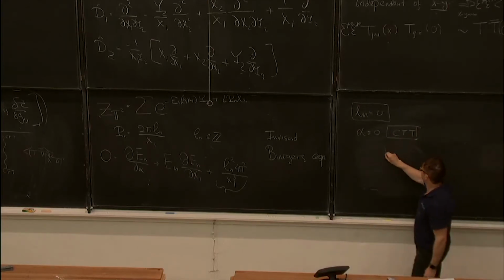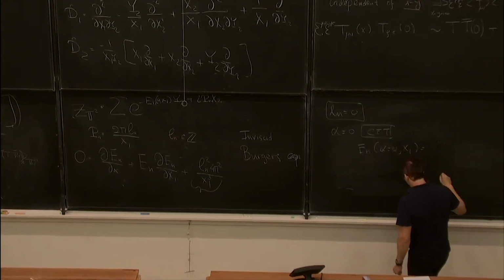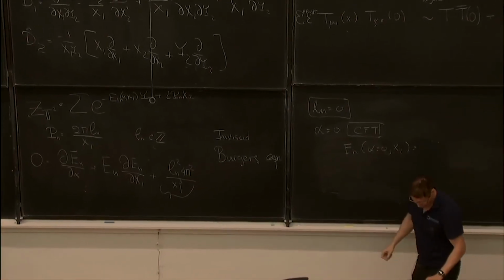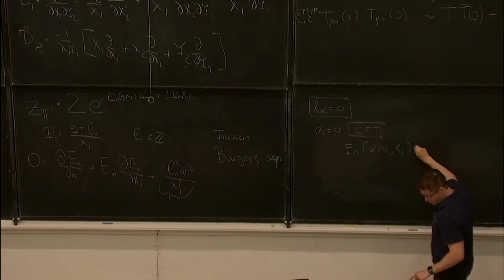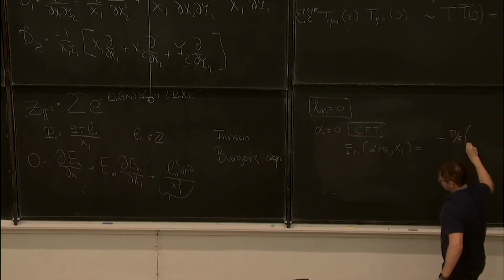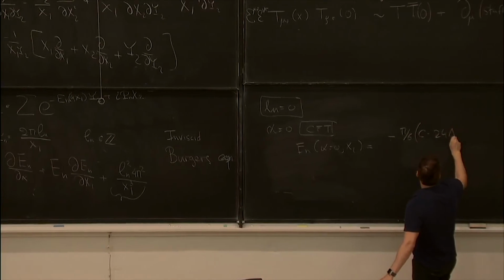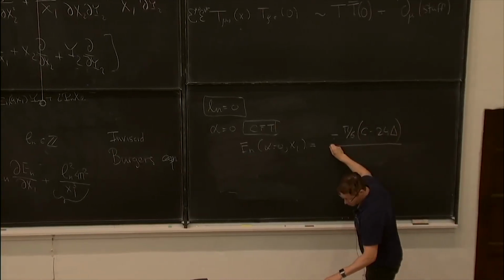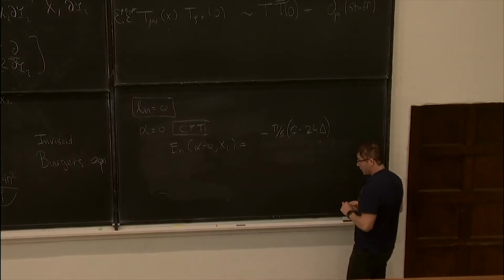Then the energy levels of the unperturbed system are going to be the usual expressions that you know from radial quantization: minus pi over 6 times the central charge minus 24 delta. So this is the energy level of the unperturbed theory.